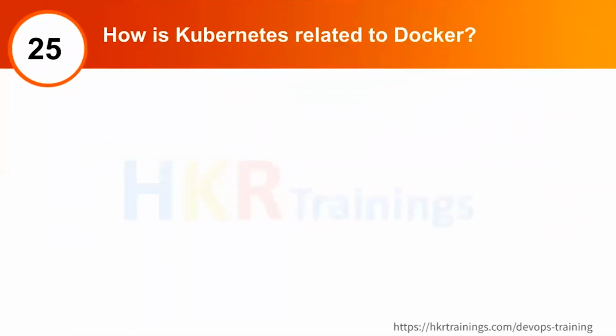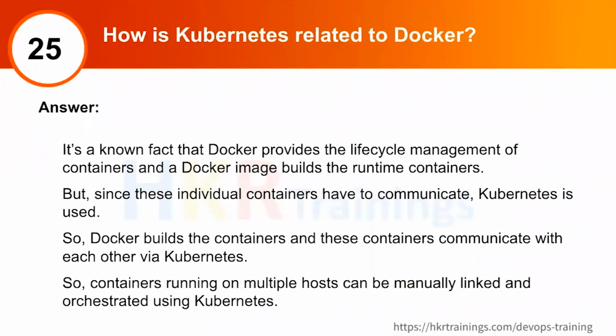How is Kubernetes related to Docker? Docker is one tool which builds the image, out of which we can create a container. Okay, and Kubernetes will manage its life cycle. It is a known fact that Docker provides the lifecycle management of the containers, and Docker images build the runtime containers.